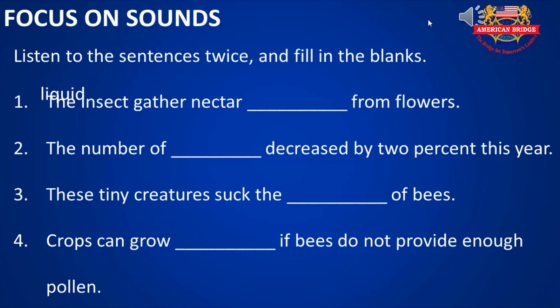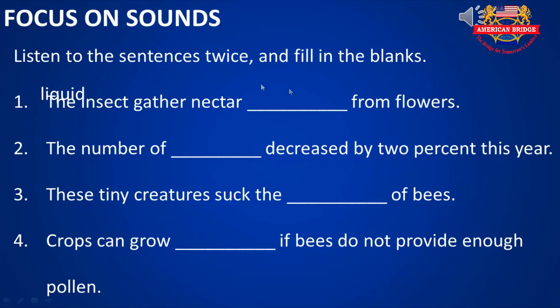Number 3. These tiny creatures suck the blood of bees. These tiny creatures suck the blood of bees. Number 4. Crops can grow unevenly if bees do not provide enough pollen. Crops can grow unevenly if bees do not provide enough pollen.